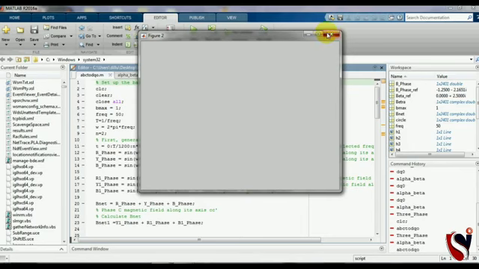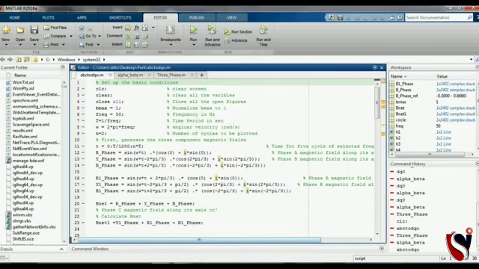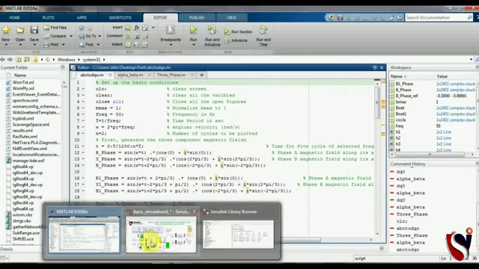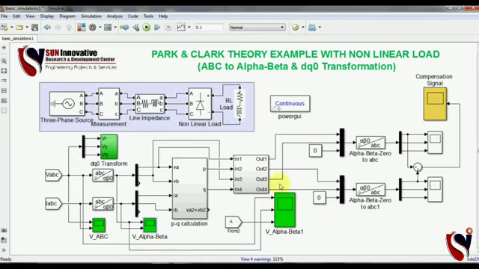Let me show you the final block which is connected over here. This is the final one. This comes from the DQ transformation, and this is ABC to alpha beta, that line is connected over here. Let me show you this also.